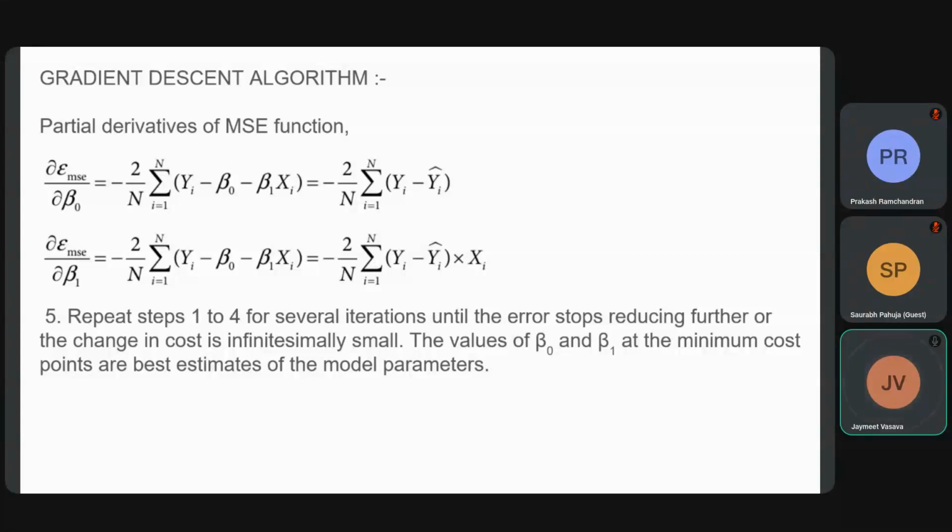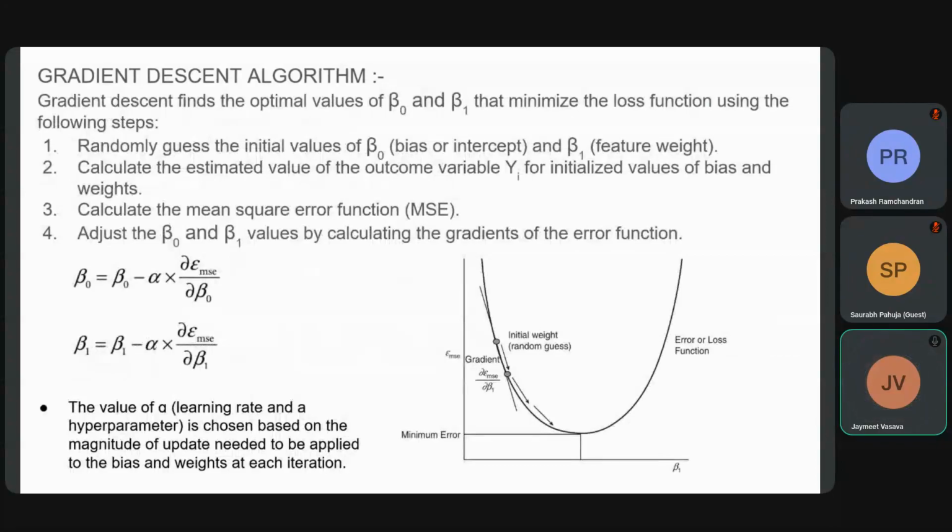Now we repeat these steps 1 to 4 that we have seen over here. Randomly guess the values of beta, the intercept or the bias as well as the weight, calculate the estimated value, then calculate the mean square error function, and adjust the values of bias and weight by calculating the gradients of the error function.